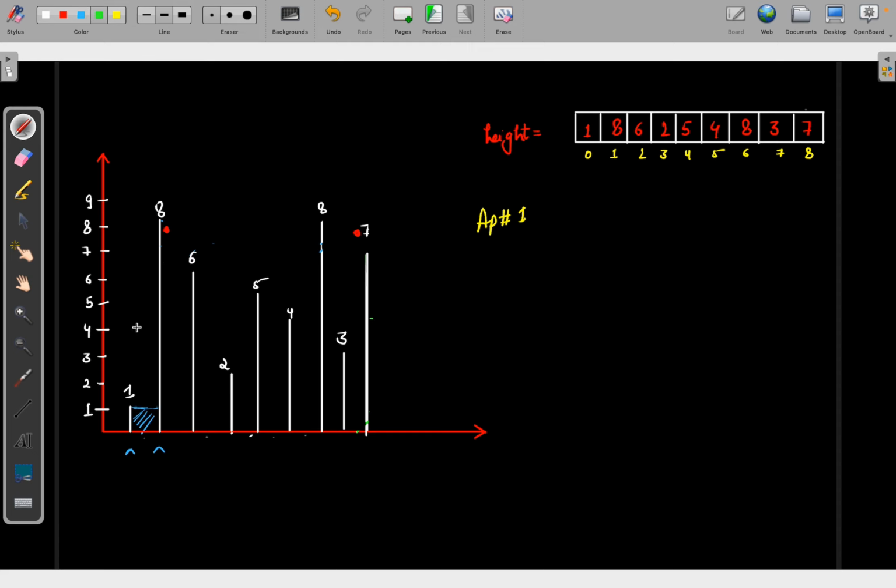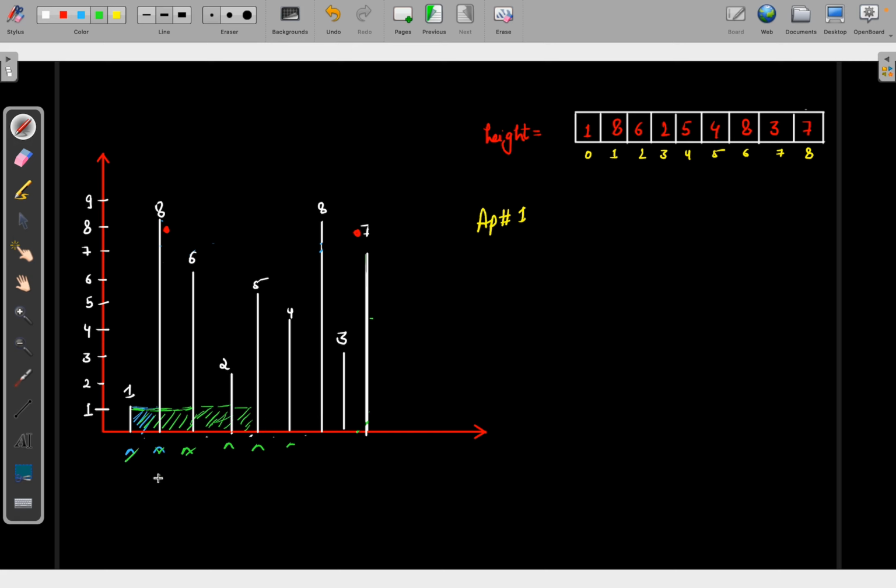Okay. And now suppose I shift from here to here. Then still the water height will be the same. Then again I move to this, again the water level will be the same. And I will move to this one, again the length is increasing but the height is the same, right? Similarly this way.